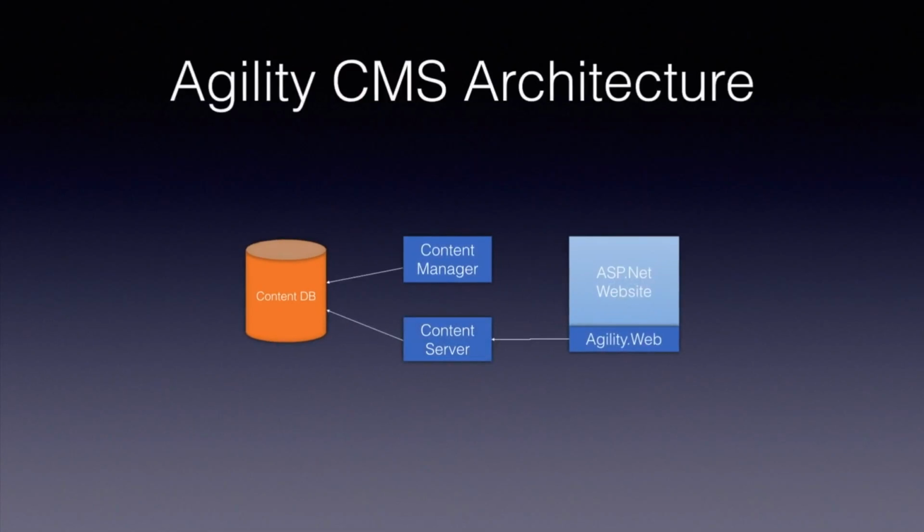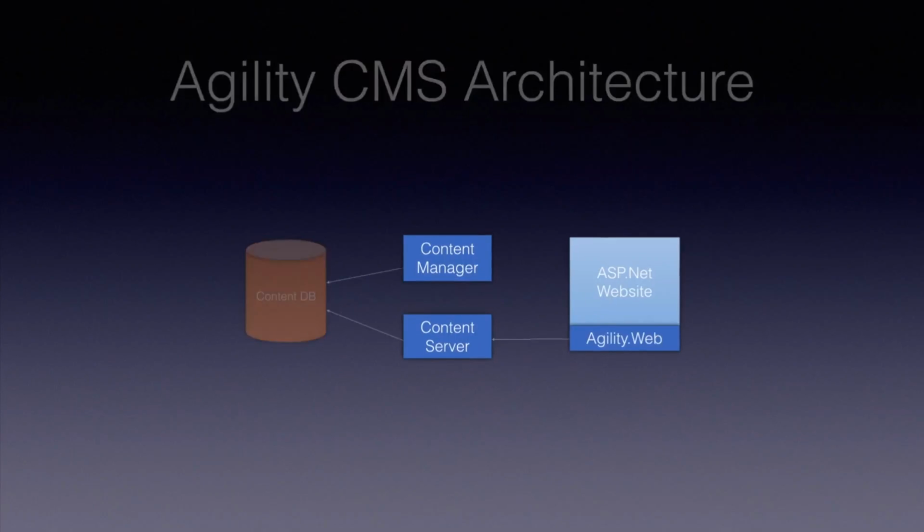Now, Agility CMS works a little differently. Content editors work with the Content Manager application that's designed to make their job easy. Your content is synchronized to the website using a content server. And developers can build whatever they want with that data. It's unlimited creative freedom using something called the Agility.WebAssembly.